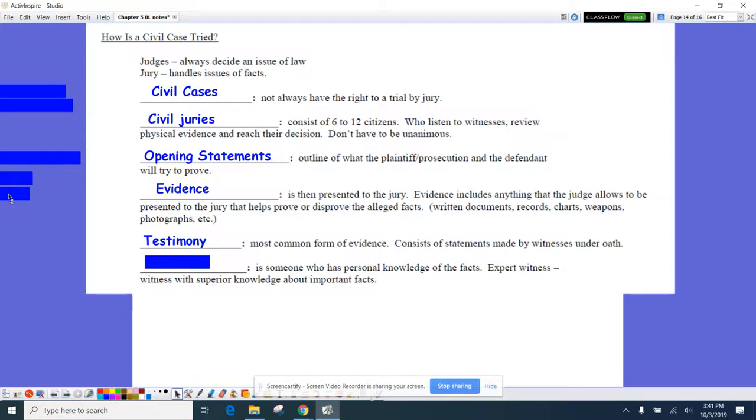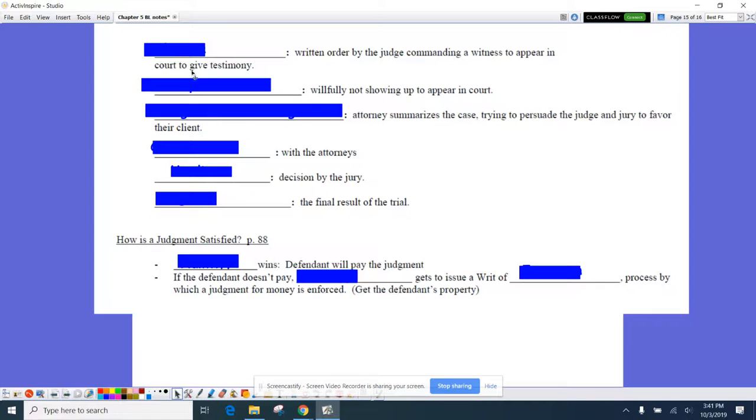Testimony is a very common form of evidence. This usually comes from a person, and they usually give the statement under oath, showing up in person to present their knowledge to the court.